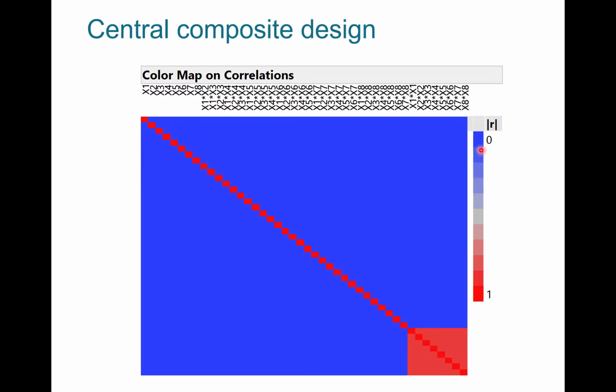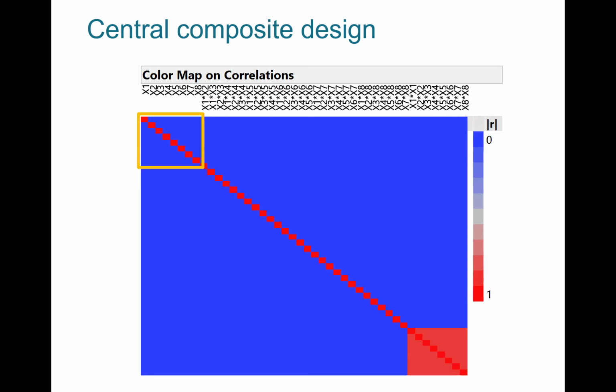The more blue such a color map is, the better, because blue indicates 0 correlation. Red indicates quite strong correlation between the X's. Well, pink means quite strong. Red means perfect correlation between certain X's.